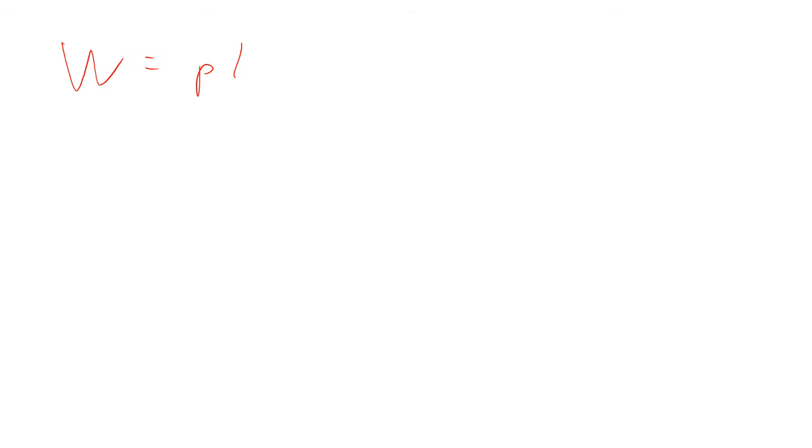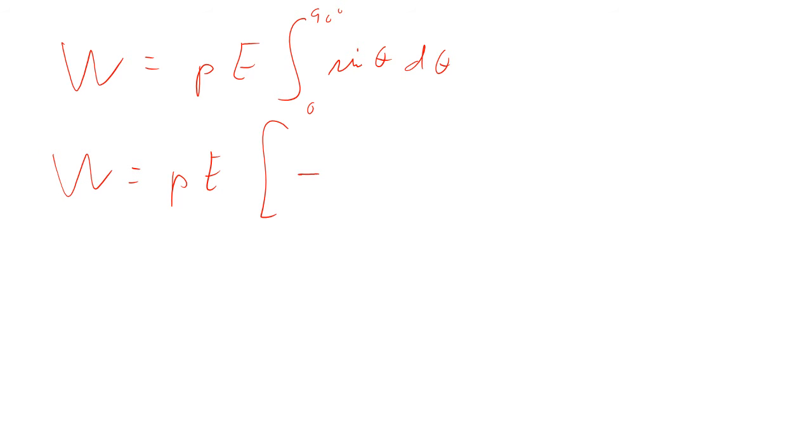This is going to be PE times the integral from 0 to 90 degrees of sine theta d theta. The integral of sine is minus cosine, evaluated at 0 and 90 degrees. That turns out to be, interestingly enough, just 1.